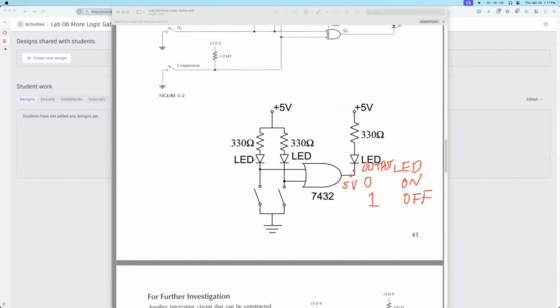So we will use this to build the circuit in Tinkercad. This is step 1. Then step 2, just replace the chip with the 86 XOR gate.